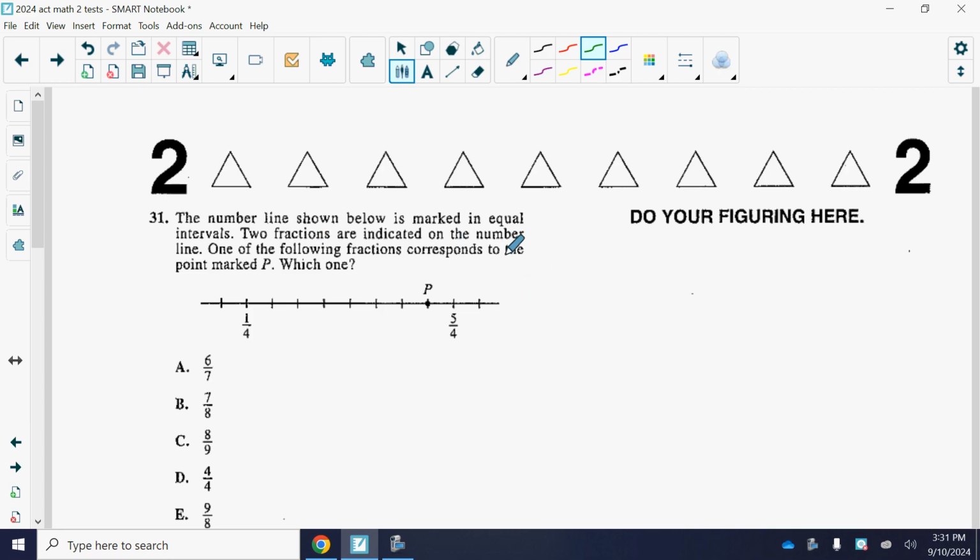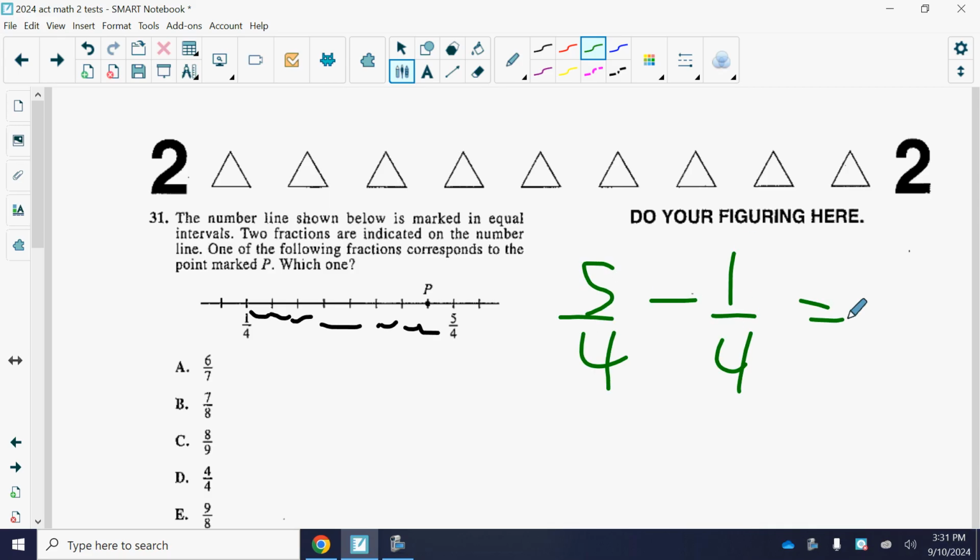Two fractions are indicated on the number line. Which is the fraction done to P? So that's weird. I have to count how many shifts this is. 1, 2, 3, 4, 5, 6, 7, 8. So in 8 movements, I go from 5/4 to 1/4 backwards is 1.